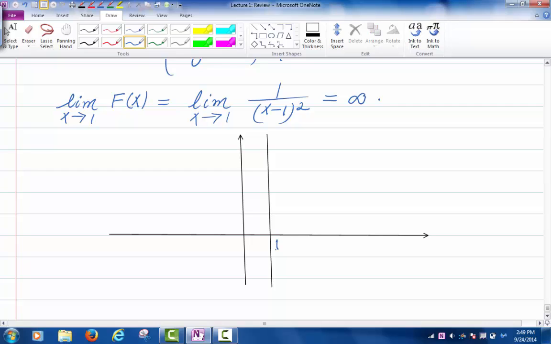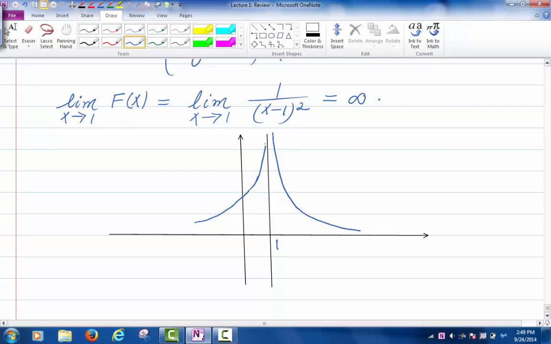Okay, how is the graph of this function? It's going to look like this. I hope I can make it nicely. Maybe not that nicely, but good enough.